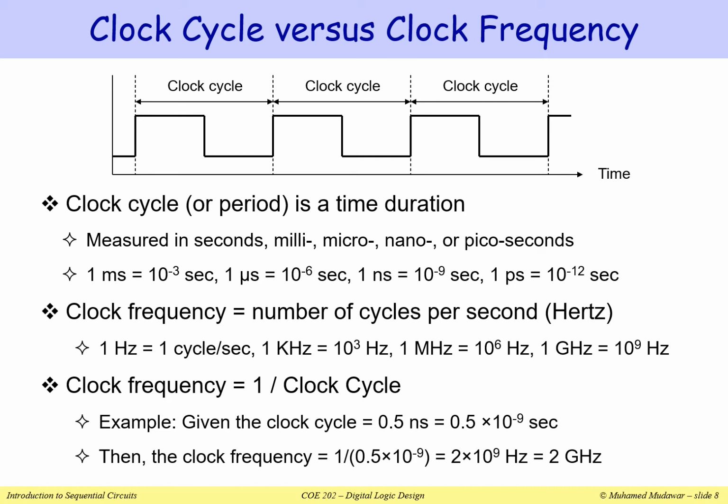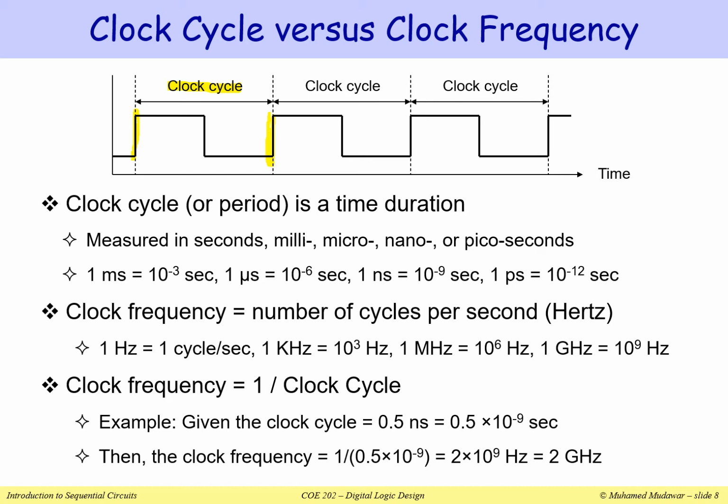Here in this slide, we can see this rising edge of the clock, and this is the next rising edge of the clock. So the time duration between one rising edge and the next rising edge of the clock is called the clock cycle. That, by definition, is the clock cycle.